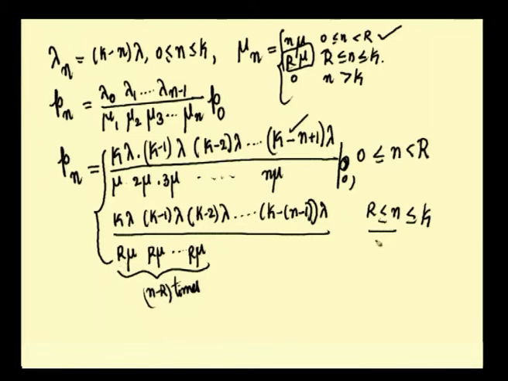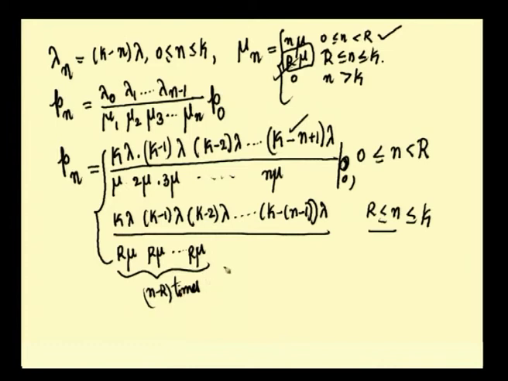N is capital R, the least value in this case is n equal to R. So, you have to write mu R, where mu R is defined as R into mu. We start with R into mu, then R into mu when n is R plus 1 and so on, till you have R mu written n minus R times.